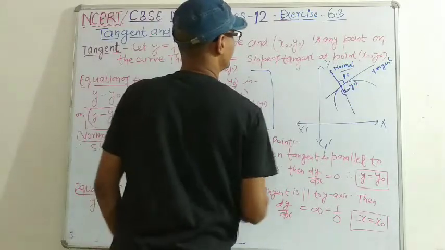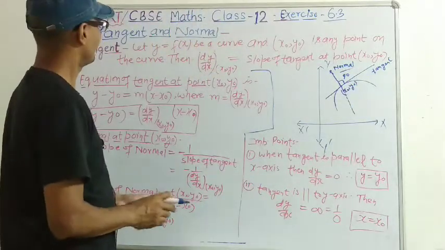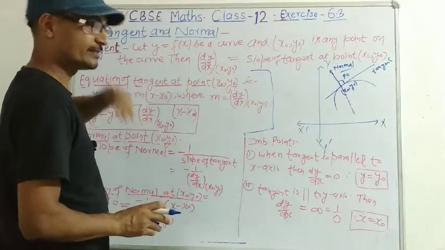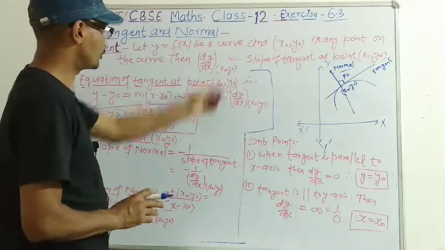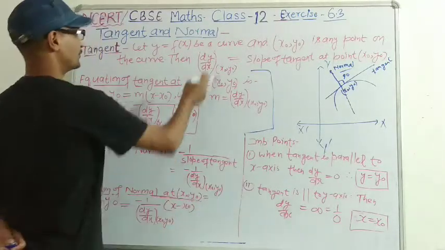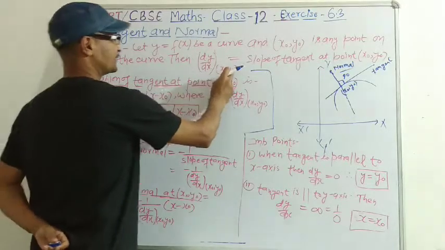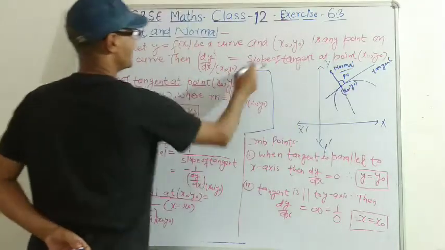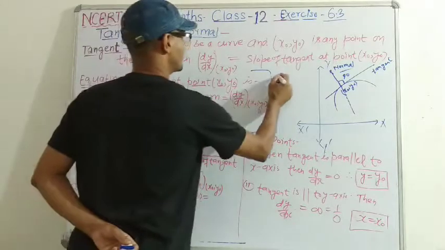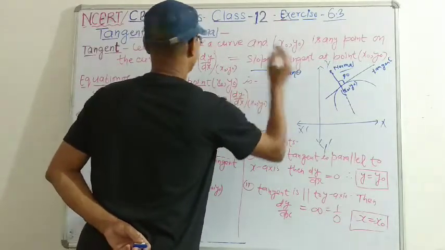तो what is the slope of the tangent? टेंजेंट का स्लोप, any function is given, we differentiate that function so we can get the slope of the tangent. So dy by dx at (x0, y0) is the slope of the tangent. Also we can say it is tan theta.